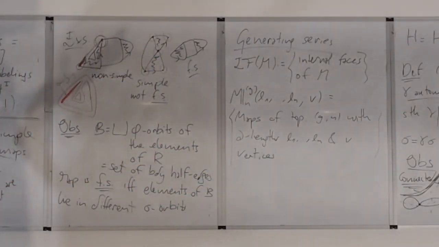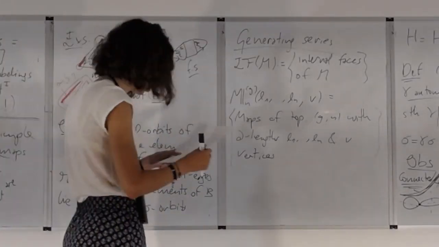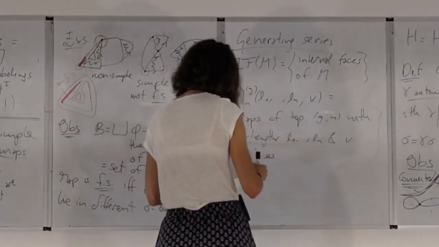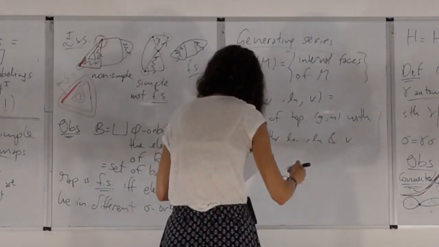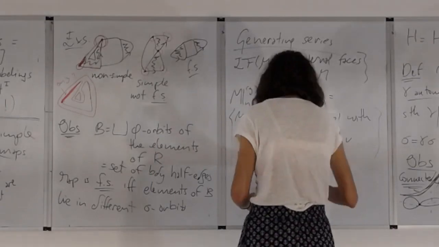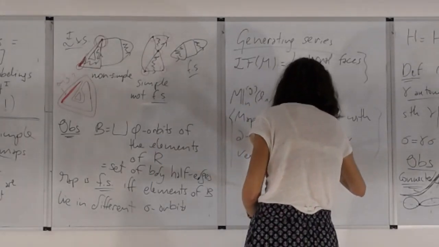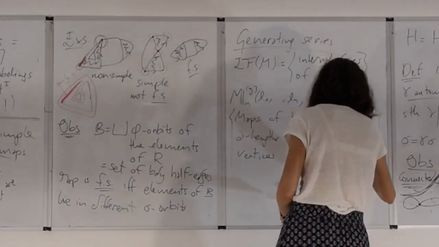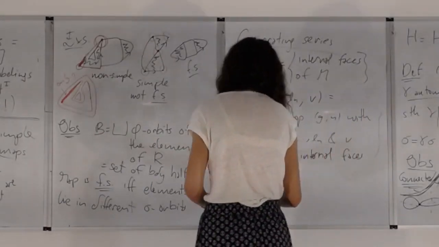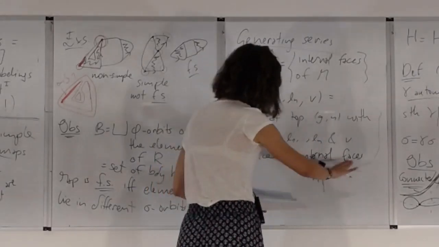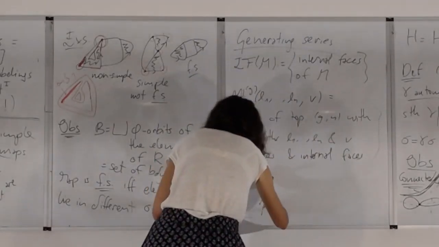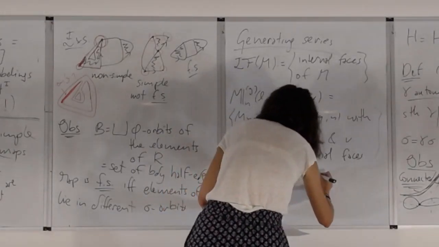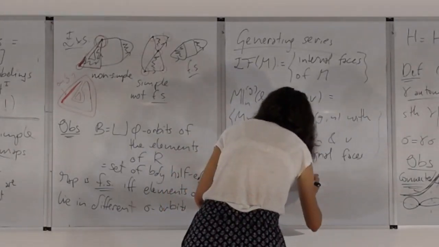So there is actually one condition on the degrees of the internal faces. This is a bit technical condition that we actually could remove, but I will put it to make it a bit easier for me to write down all the formulas correctly. But you can actually remove this condition. So internal faces of degrees between 3 and D.